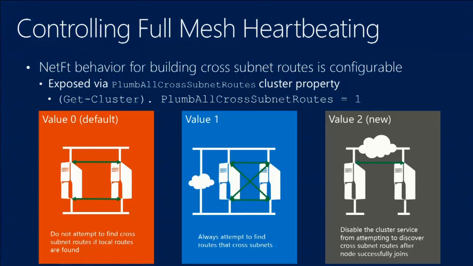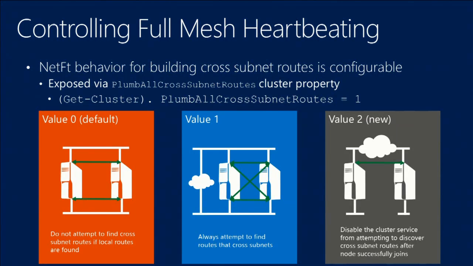The value of 2, which is something new that we introduced, tells the cluster service to stop identifying networks between two nodes if you already have a same subnet path. By default, cluster would identify that there is a cross subnet path between two nodes, but it simply won't heartbeat.